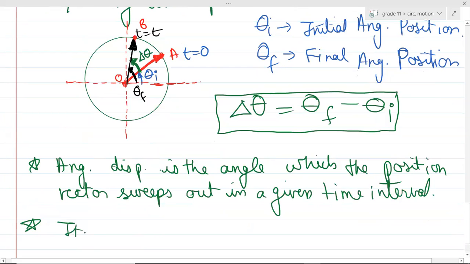Always remember it's a vector quantity. Sir, how can an angle be a vector quantity?